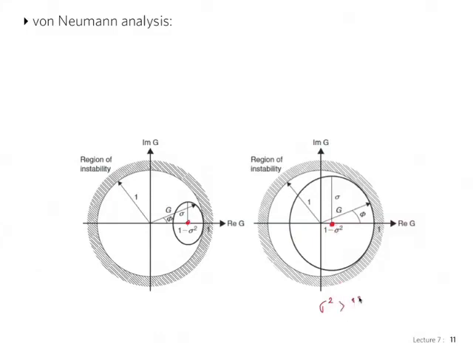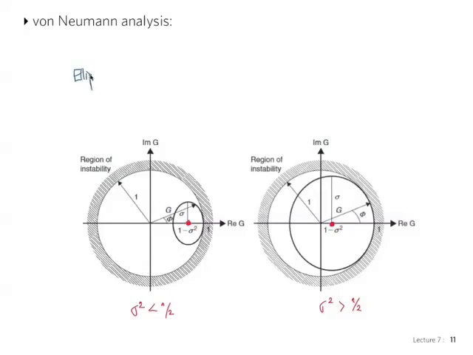If sigma squared is greater than 1/2, this point is closer to the origin than to 1, and if sigma squared is less than 1/2, then this point is closer to 1, you see. And so in either case you have an ellipse which is vertically positioned like that, but it's always contained within the unit circle if sigma is less than 1, again leading to the CFL condition.